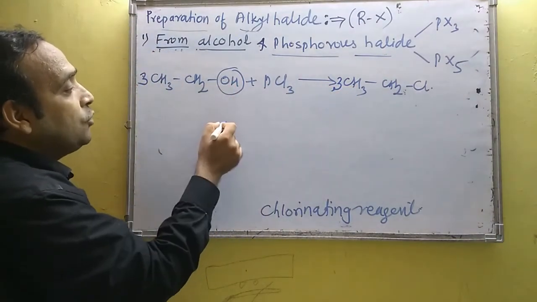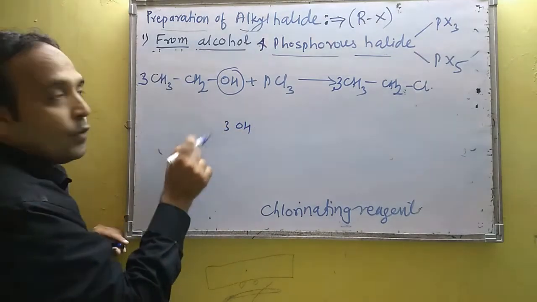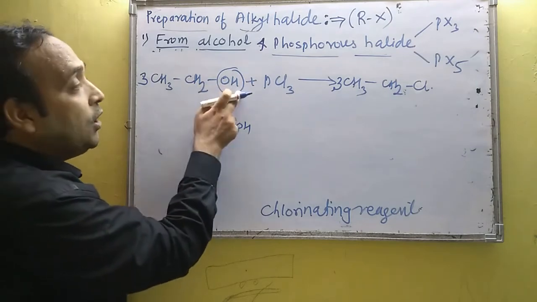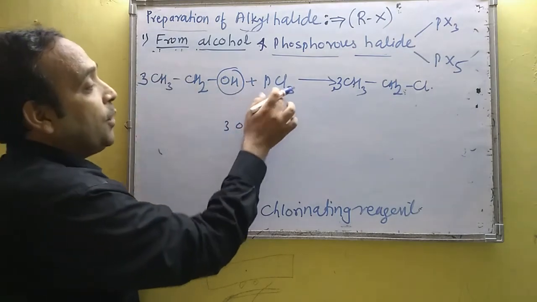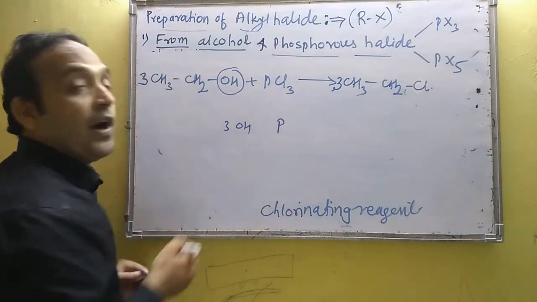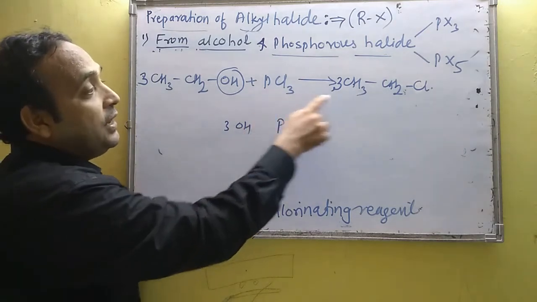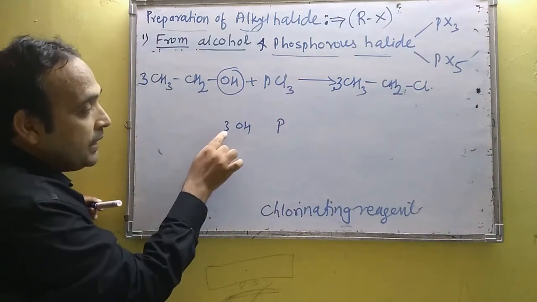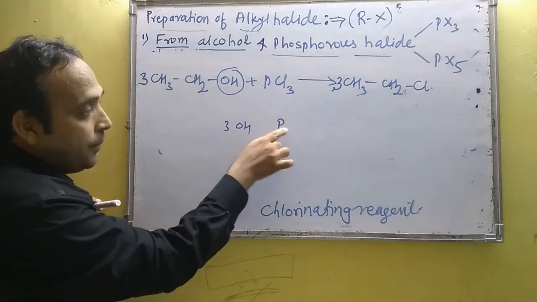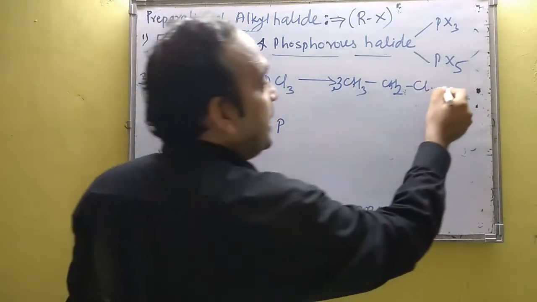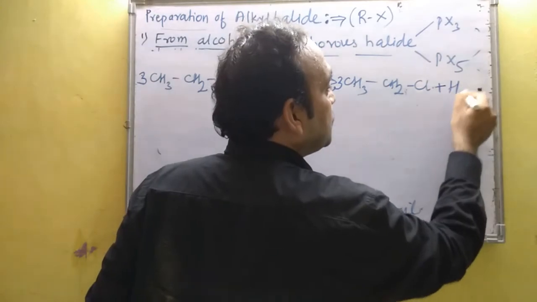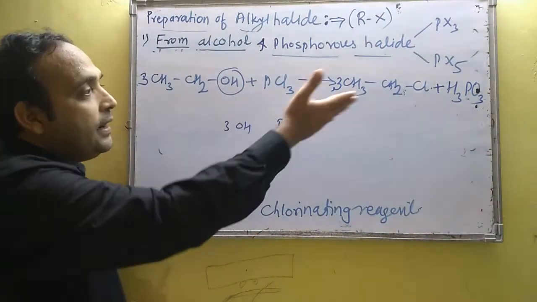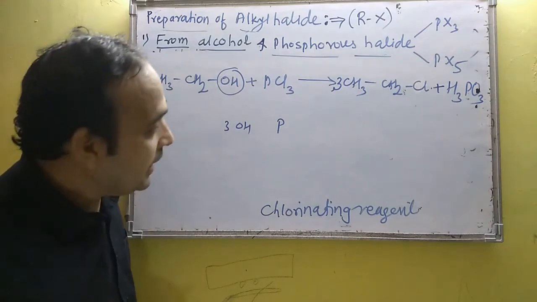From here 3 OH are eliminated: one OH from the first alcohol, one from the second, one from the third, and from PCl3 only phosphorus remains, because the Cl3 is attached to 3 alkyl groups. So my side product is H3PO3. This is the chlorinating reagent, PCl3.